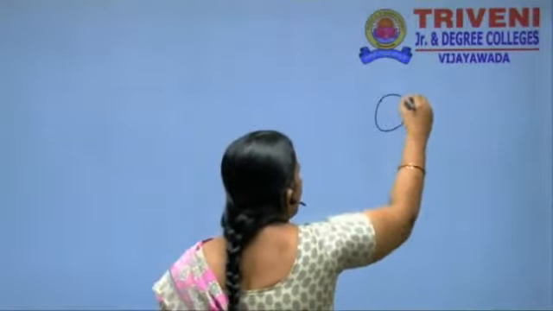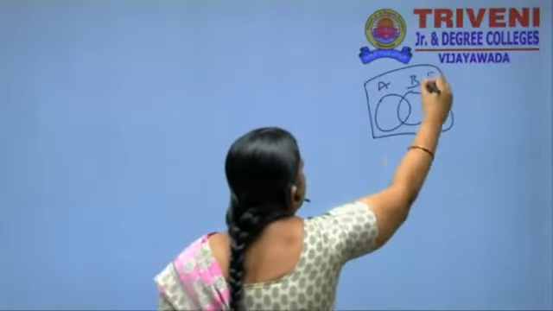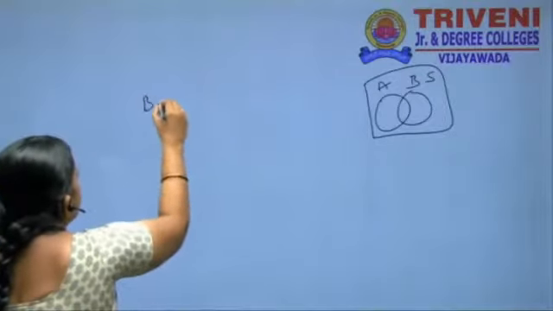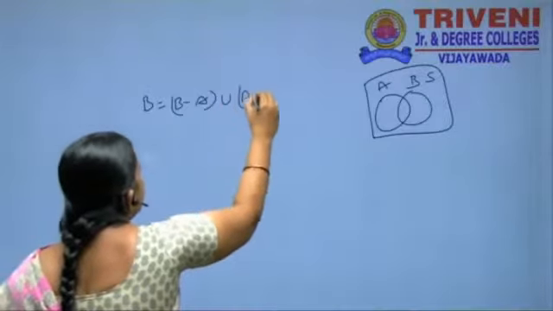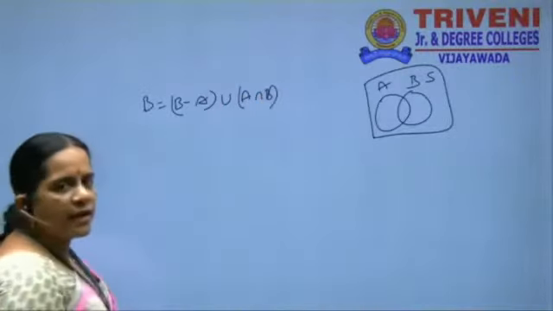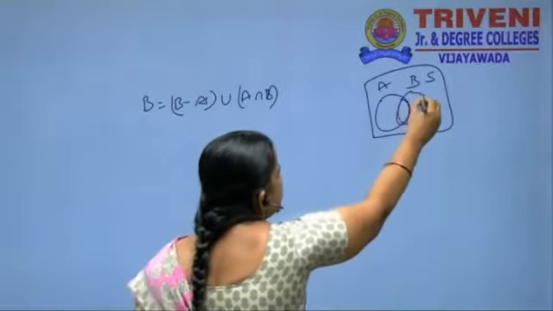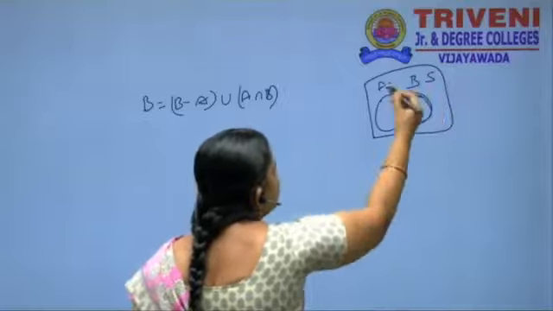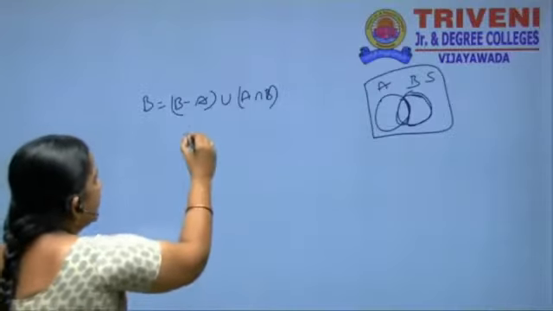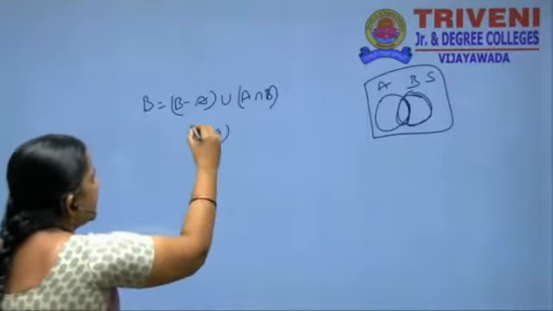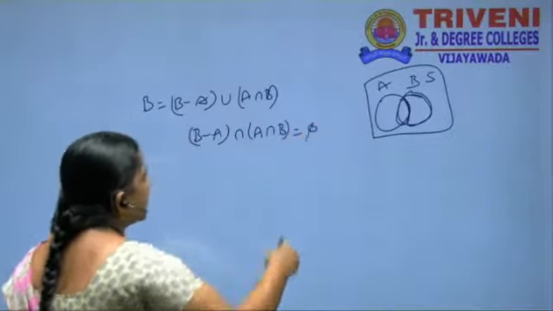From the diagram we have to show that the value of B is B minus A union A intersection B. We have to write only the value of B. B is made of the parts A intersection B and B minus A. These two unions you have to write as B. The intersection of B minus A and A intersection B is equal to phi.